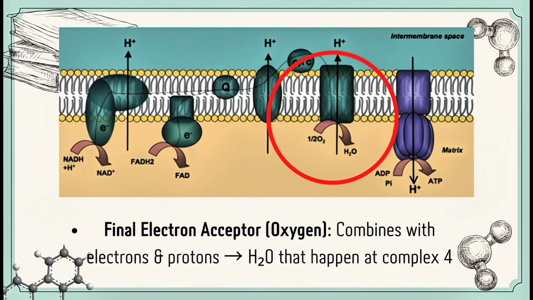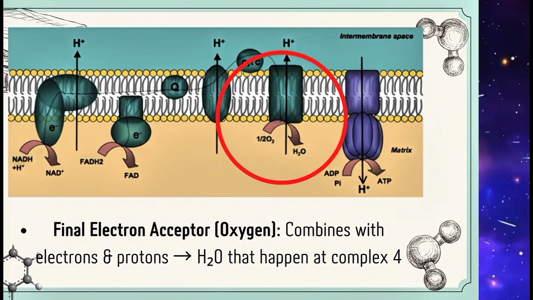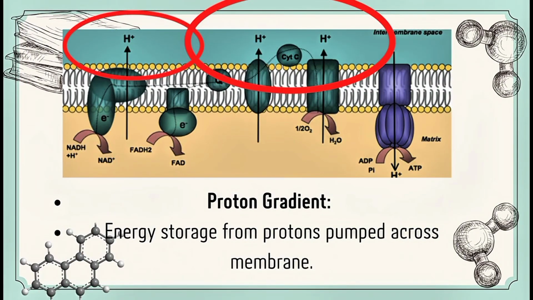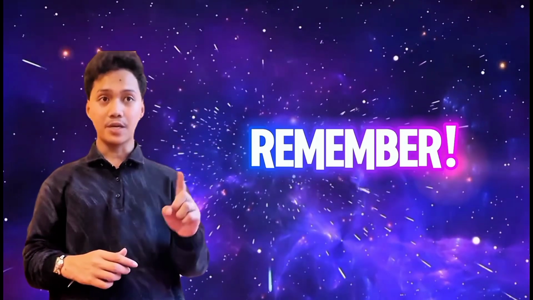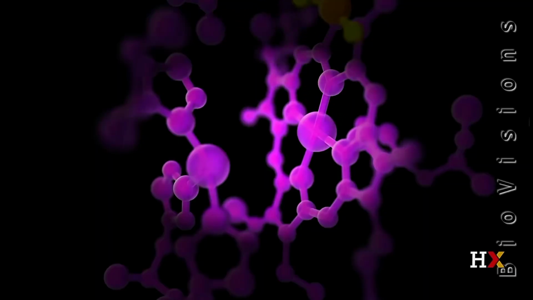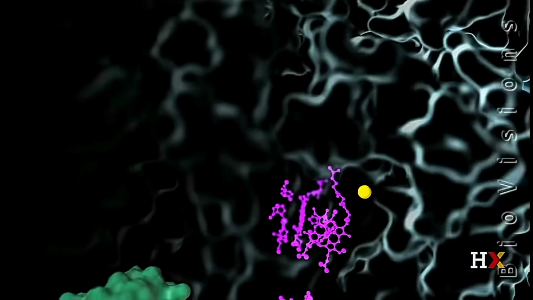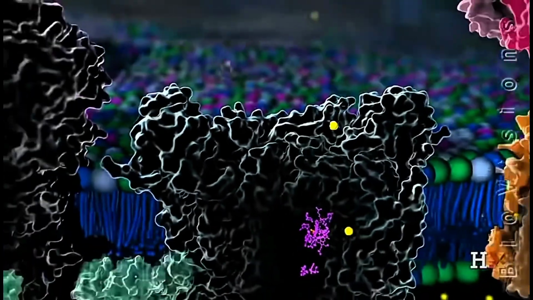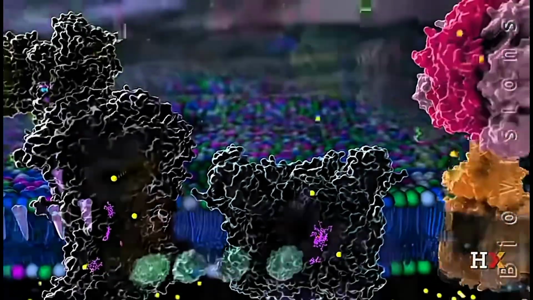Next, the final electron acceptor, oxygen. It combines with electrons and protons to form water. And finally, protons. These are pumped across the inner membrane to build a proton gradient, like charging a battery. Remember, the whole system works like a relay race where electrons are passed from one complex to another, releasing energy that pumps protons.